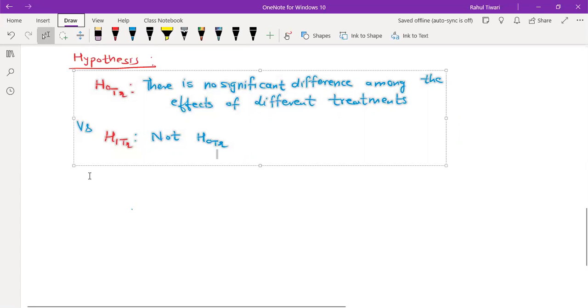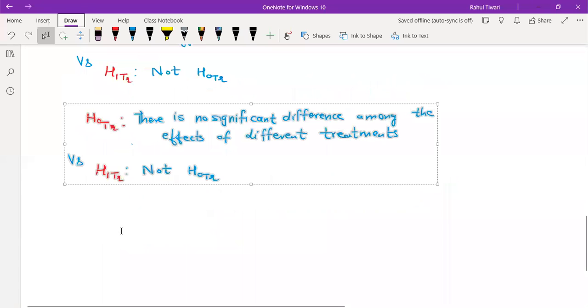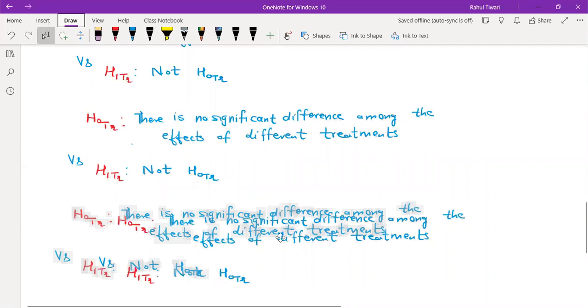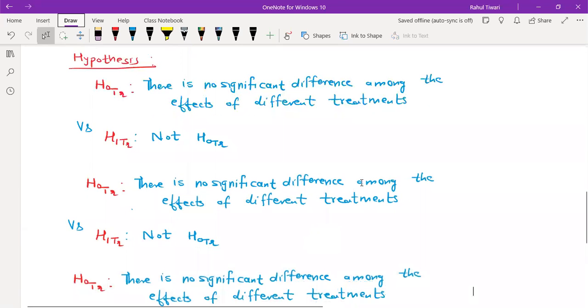Okay, Control C, Control V, and again here paste, Control V. So we have to make these three hypotheses. So this one is the first one, this one is the second one, this one is the third one.